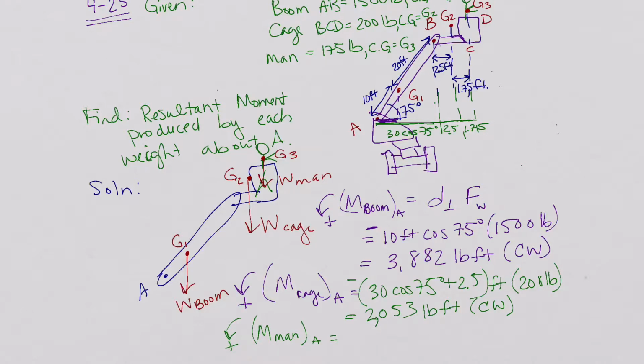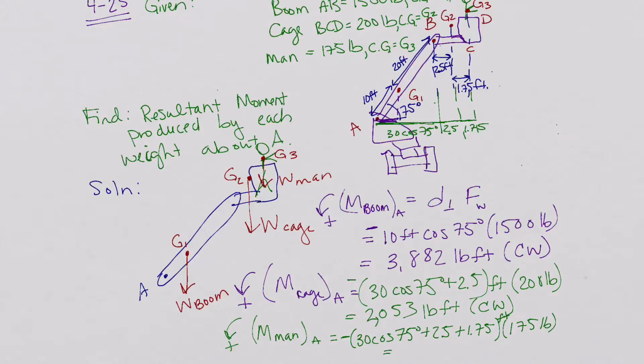If we do our fingers from A up to that G3, the force is down, so it goes into the board. It's negative, or into the screen. We get that 30 cosine 75 degrees plus 2.5 plus 1.75. So that gives us that perpendicular distance times his weight, which is 175 pounds. I guess that first one was feet.